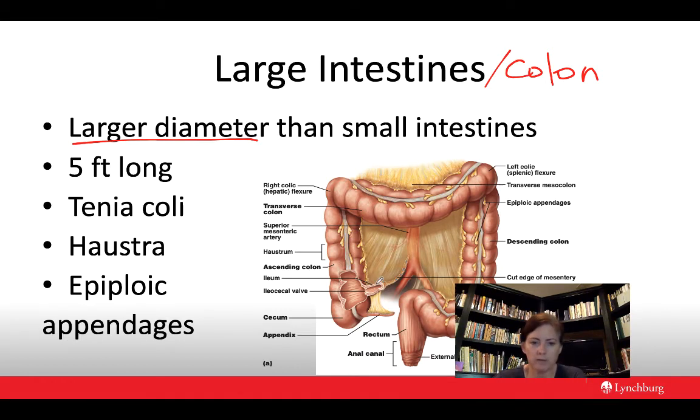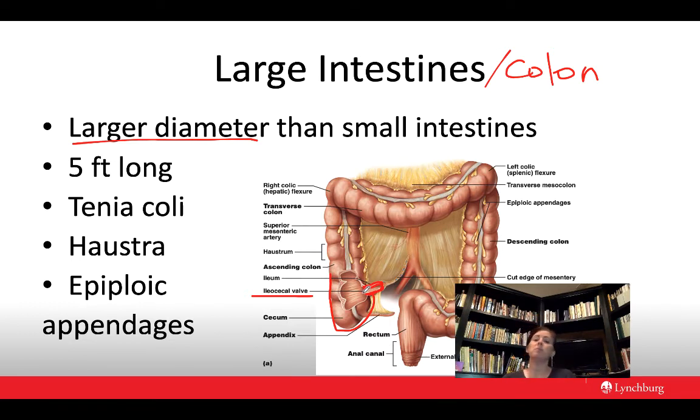So let me just point out some of these. On this picture here, we're seeing at this area the end of the small intestine. So this is going to be the ileum, and this is going to be the beginning of the large intestine here. Okay, so this is the location of that ileocecal valve.